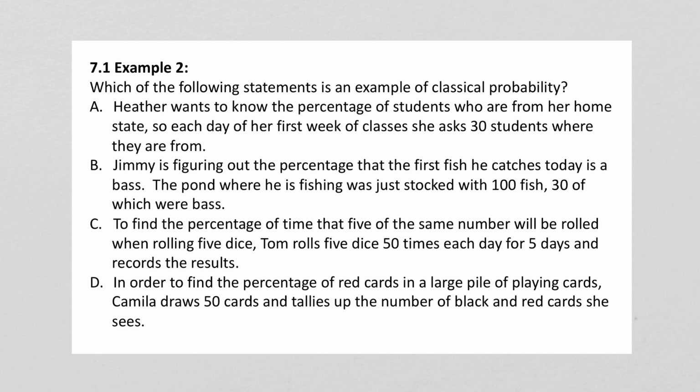So each day of her first week of classes, she asked 30 students where they are from. So this one is an example of an experiment that she's conducting. It was essentially, she's asking people if they're from her home state. So this would be empirical probability, not classical.